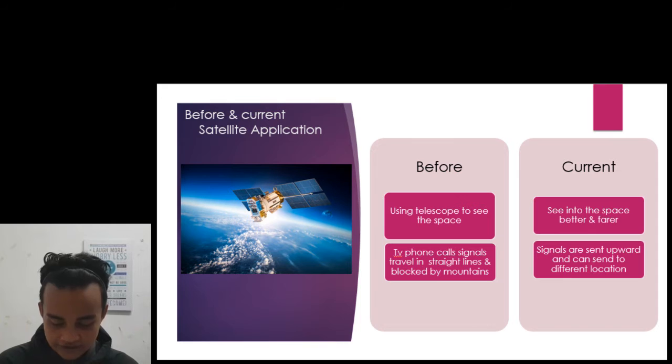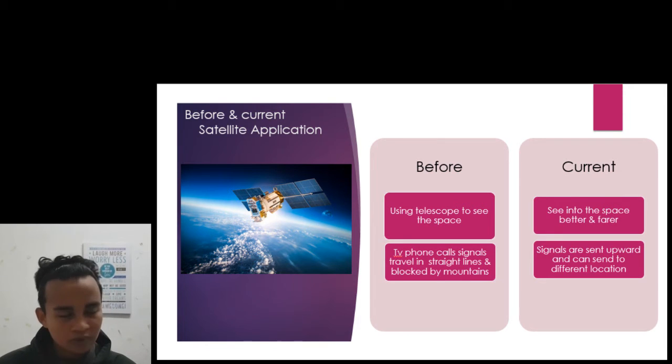The signals are sent up, down, and can be sent to a different location in the world. The applications we currently use are TV, phone calls, internet, something like that.